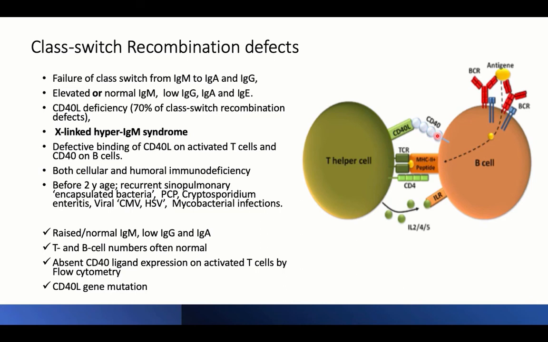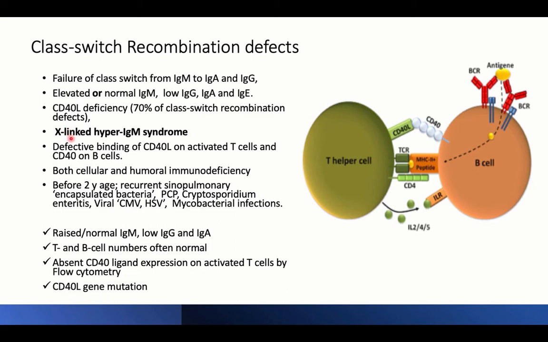Normally, for starting class switch from IgM to the other immunoglobulins, we need binding of CD40 ligand with the CD40 on the B lymphocyte to activate the B cell to produce the antibody and to induce class switch. Deficiency of CD40 ligand, which is essentially a T cell defect, will result in lack of this binding and lack of the class switch and the synthesis of immunoglobulins.